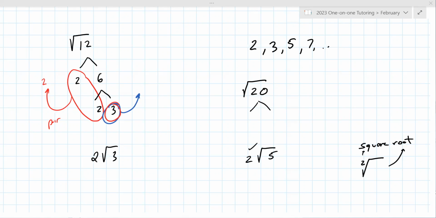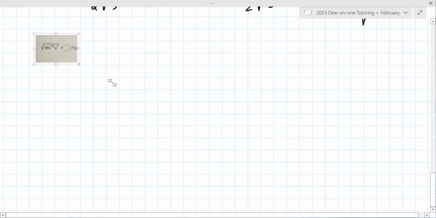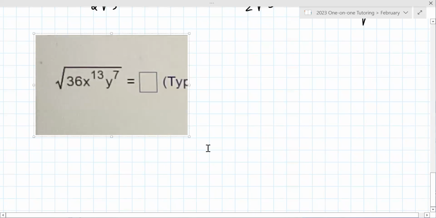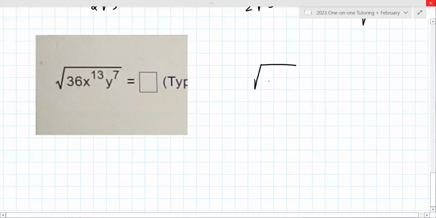The next one is a perfect square root, so it's not as interesting, I guess, working it out. So this is akin to one that we did one just like this problem or two ago. It's like square root of a times b times c becomes the square root of a times the square root of b times the square root of c.